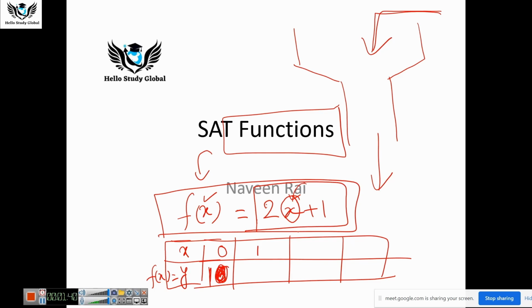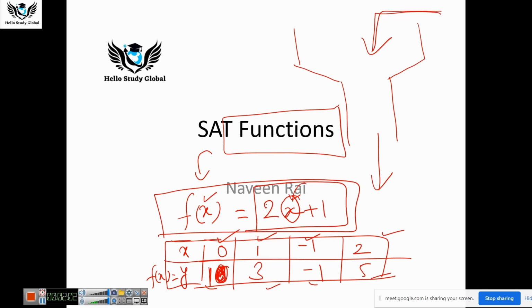If we take x equal to 1, then 2 into 1 plus 1 would be 3. If we take x equal to minus 1, then 2 into minus 1 is minus 2, plus 1 is minus 1. If we take x equal to 2, 2 into 2 is 4, plus 1 is 5. See, we're taking different values of x and getting different values of y or f(x).